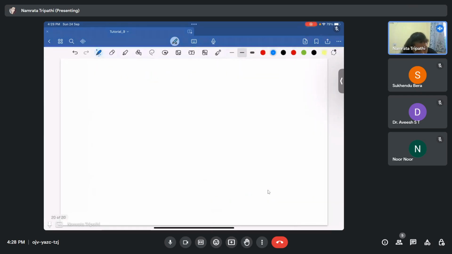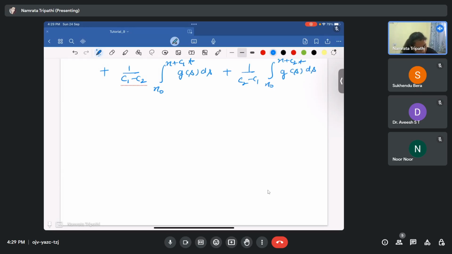The remaining terms are plus 1 upon C1 minus C2 x naught, x plus C1t, g of s d of s, plus C2 minus C1 x naught, x plus C2t, g of s d of s, where t greater than 0, x belongs to R. So this is the general solution.